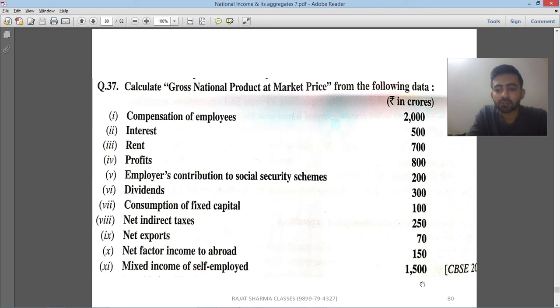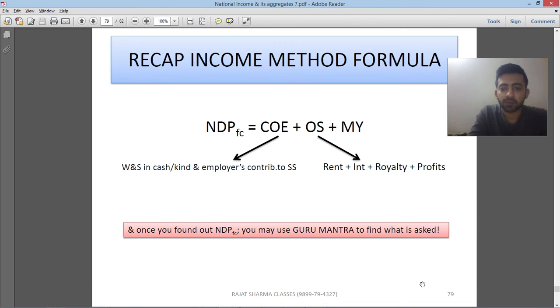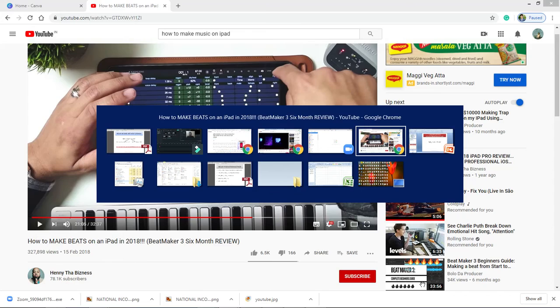That means your NDP at FC. NDP at FC becomes how much? Please calculate.